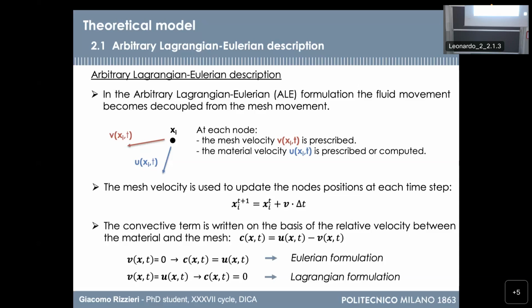In particular, if we take the mesh velocity equal to 0, the nodes of the mesh will stay fixed. And this is the Eulerian formulation. You see also that we can compute the convective term. While if we assume that the mesh velocity is equal to the fluid velocity, so we are following the particles as they move with the mesh, we are in the standard Lagrangian formulation.